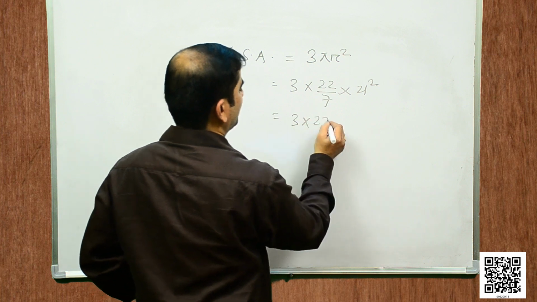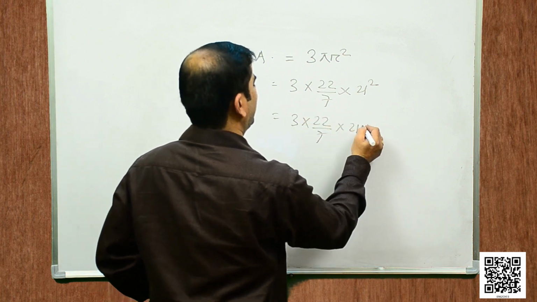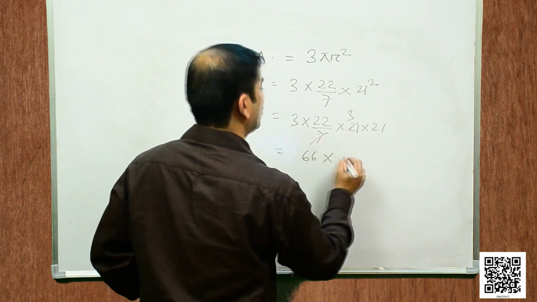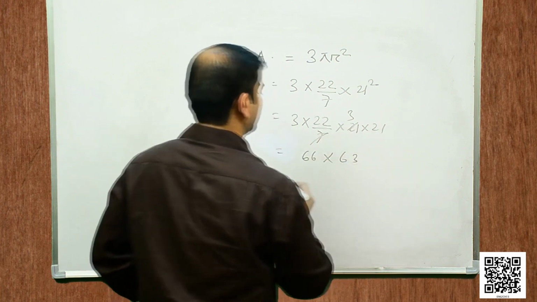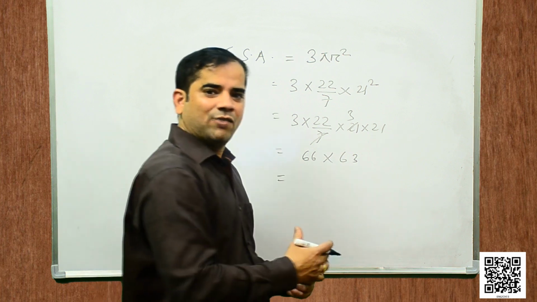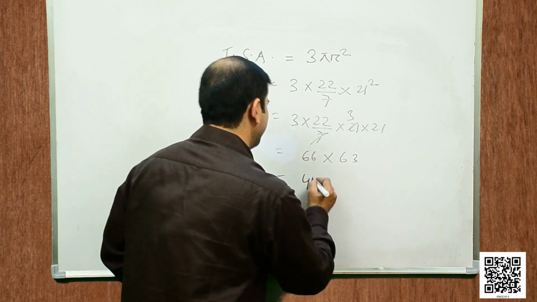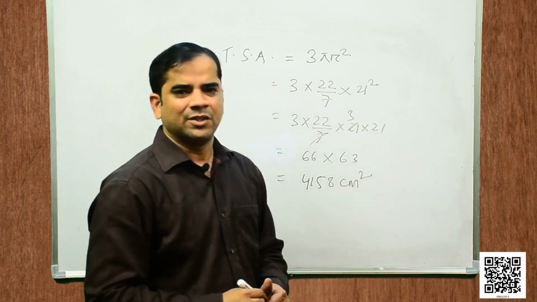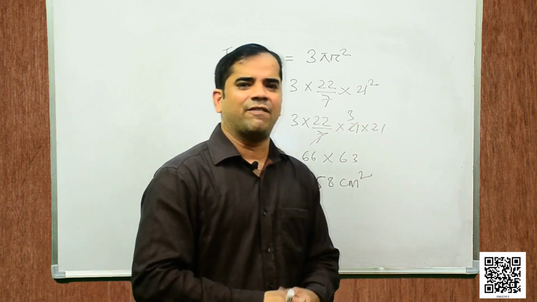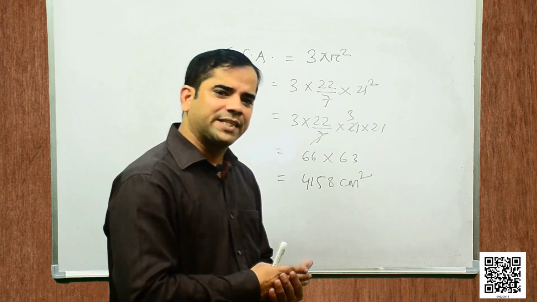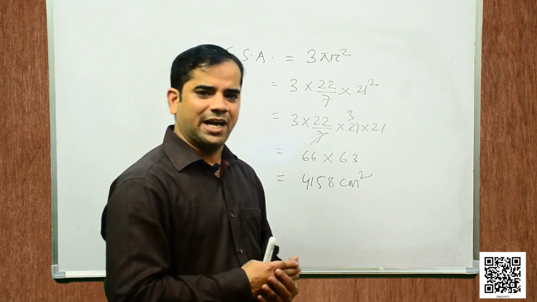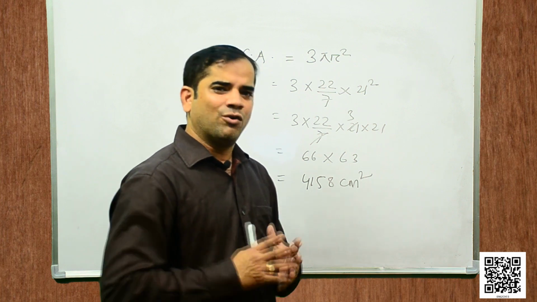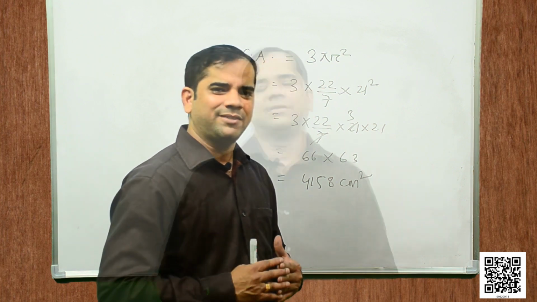So, 3 into 22 by 7, 21, 21, that is 66 into 63, that will be equal to 4158 centimeter square. So, in this way we have found out the curved surface area and the total surface area of the hemisphere having radius 21 centimeter. Hope you have understood this example.